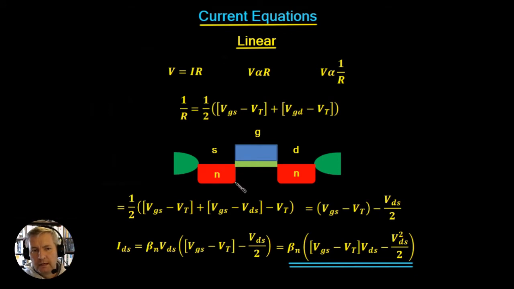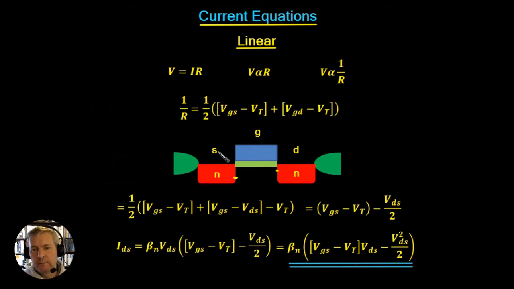And that's going to give us a certain depth. Let's say this is the depth here. And at the other side, we're going to have VGD minus VT, and it's going to give us an inversion layer depth here as well, let's say this depth here.